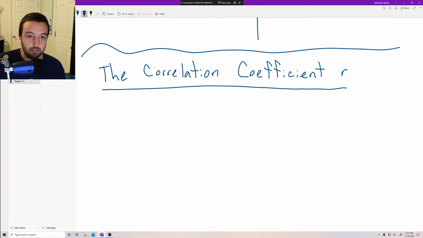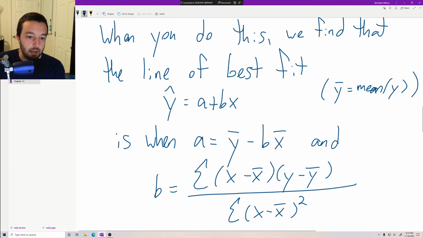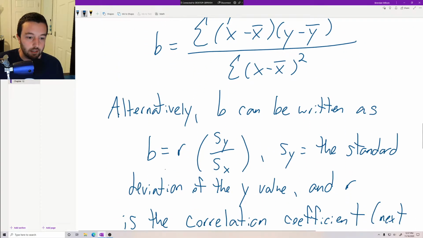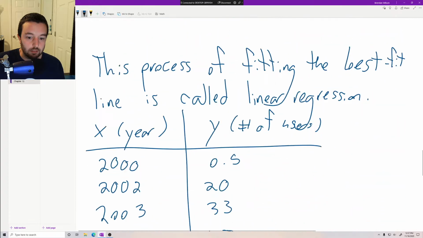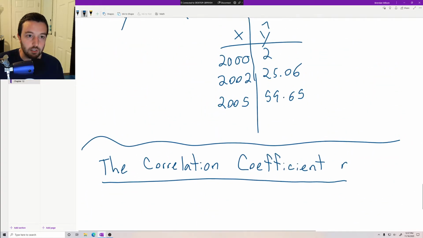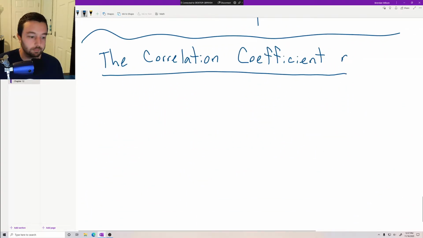It tells us how strong the relationship is. We can kind of see this if we go back and look. We see that b is the slope of the line, and r is a big part of what b is, right? So it's r times the standard deviation of each of these. So it's not exactly the slope by itself, but it's a big part of the slope.